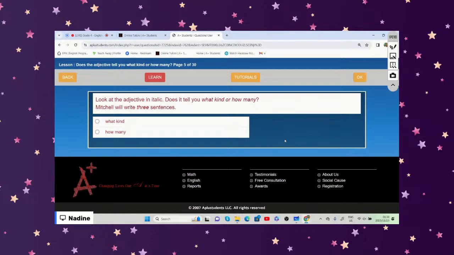So now, does it tell us what kind or how many? Mitchell will write three sentences. Does it tell us what kind or how many?